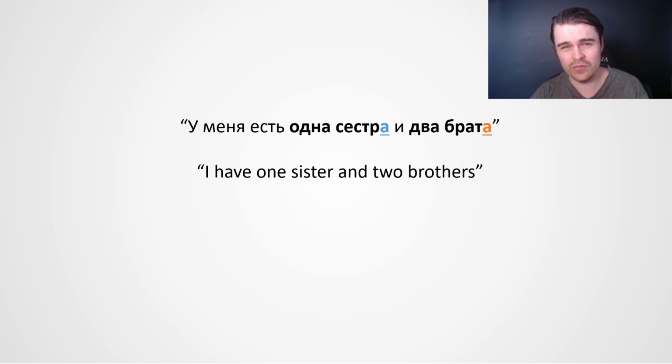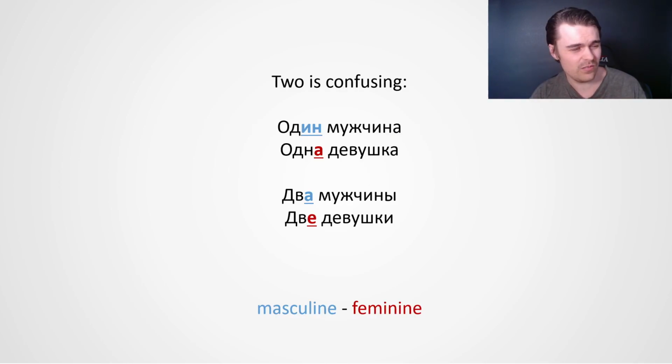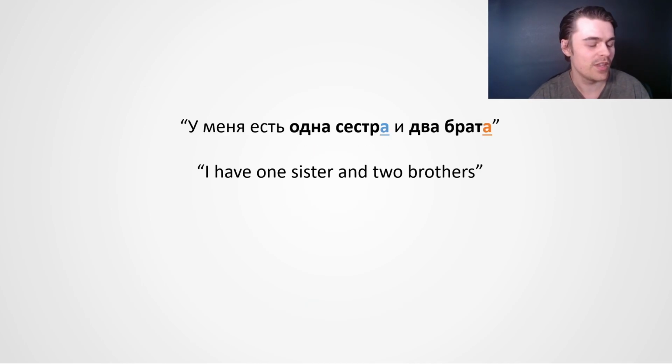But when it's feminine for two, you add an E, or a ye. If it's feminine, it's две, and if it's masculine, it's два. Why? Одна feminine, два masculine. Don't know. Not logical. You just have to remember it. For any other number, you don't have to care about the gender, but here you do.